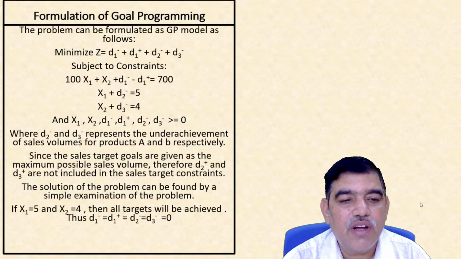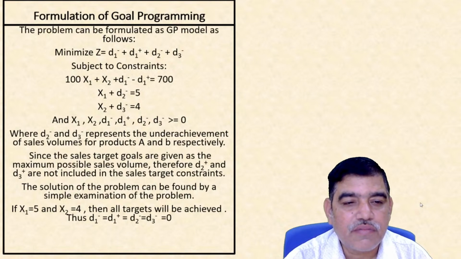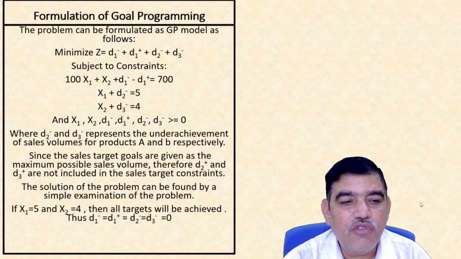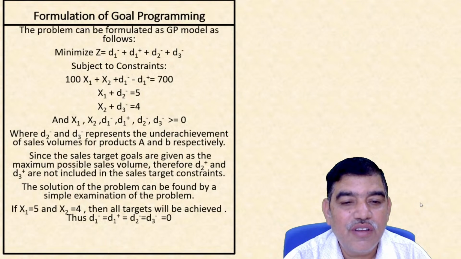Okay, and the condition is what? X1, X2, D1 negative, D1 positive, D2 negative, D3 negative are greater than or equal to 0, which means all the values are 0 or in the first quadrant of the graph paper, the x and y positive axis, where D2 negative and D3 negative represent the underachievement, because we know that negative indicates underachievement and positive indicates overachievement.